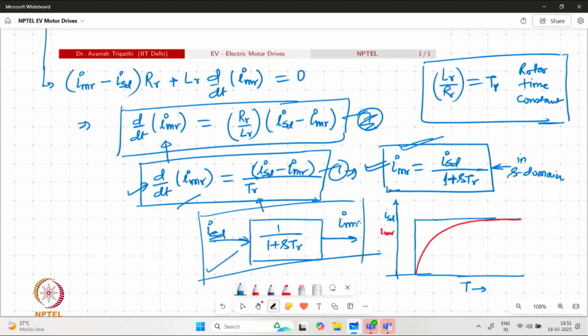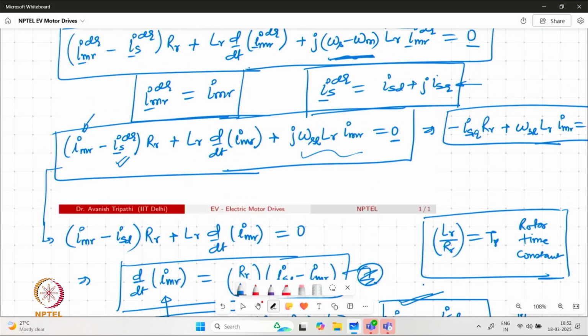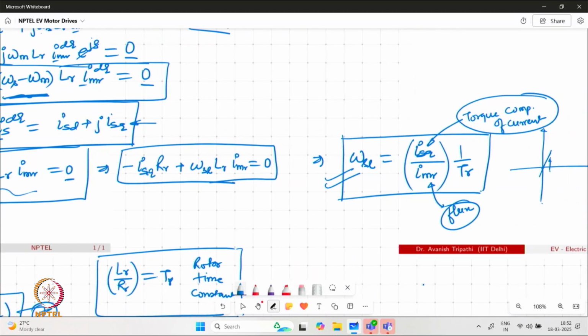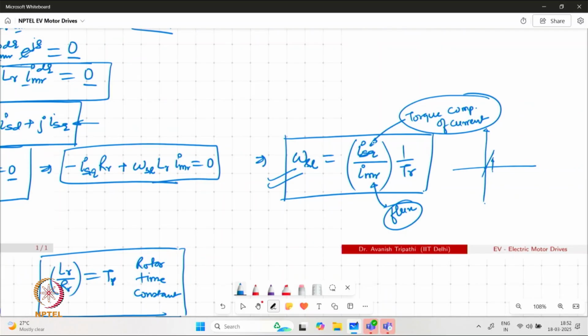So in terms of current, we are able to realize IMR from ISD by having a low pass filter, and the response can be seen over here. If there is a step change in ISD provided, then we can have IMR going like this red waveform. And the second equation for this same derivation correlates the slip speed with the ISQ and IMR components.